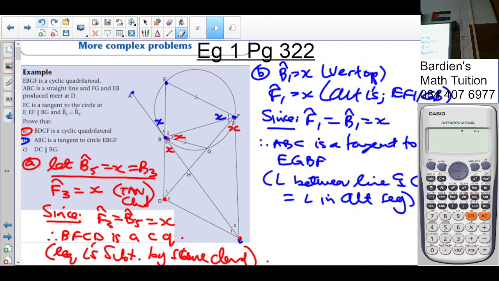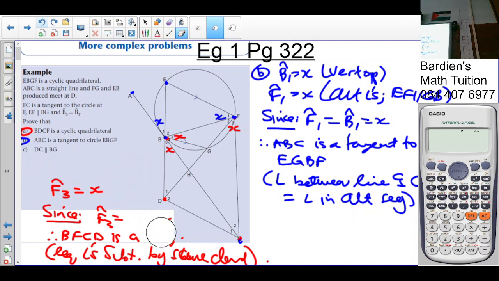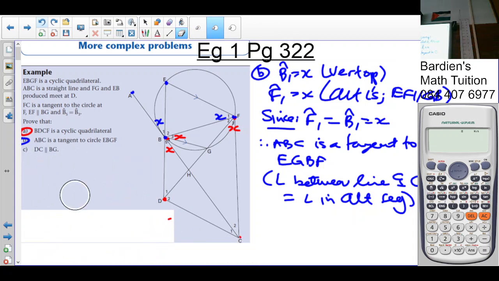So the last question, question C. In C, they're asking us to prove that DC is parallel to BG. So if we can prove that that line is parallel to that, I've done the job.